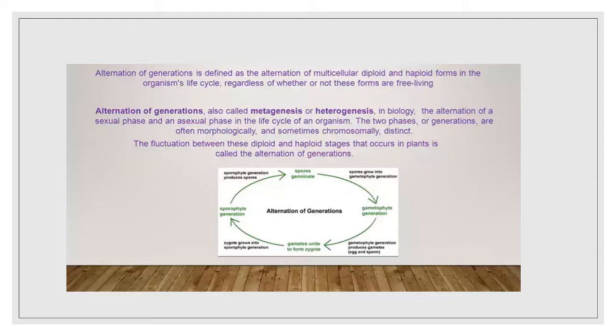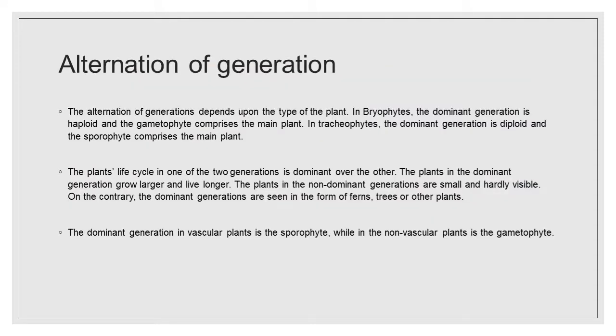The fluctuation between these diploid and haploid stages that occurs in plants is called the alternation of generation. And we write that the gametophyte body is haploid and the sporophyte body is diploid. Alternation of generation depends upon the type of plant, whether it is bryophyte, pteridophyte, or gymnosperms.